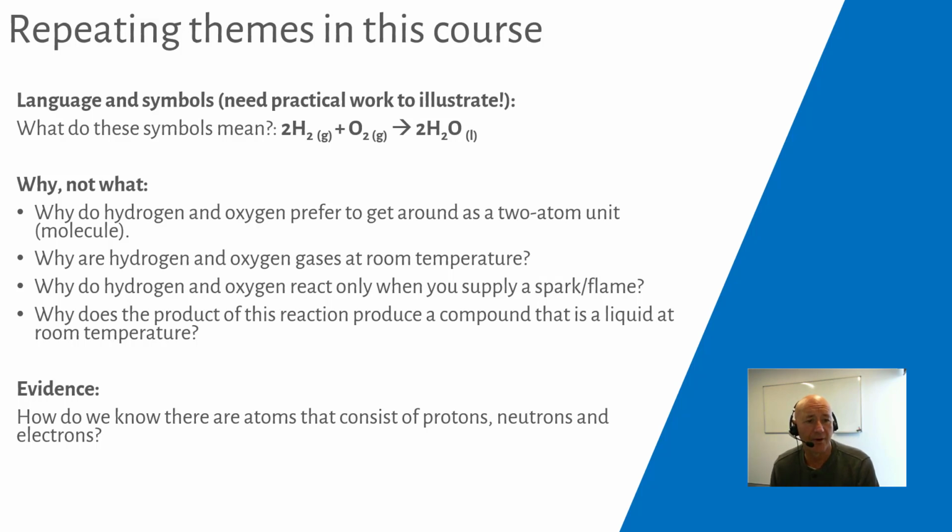So if, for example, you're looking at this here, H2, so it's a capital H and a subscript 2, I need you to be able to understand exactly what that means, right? That it's, for example, a covalent compound, it's a molecule, in this case it's actually in the gaseous form, and there's 2 lots of it.